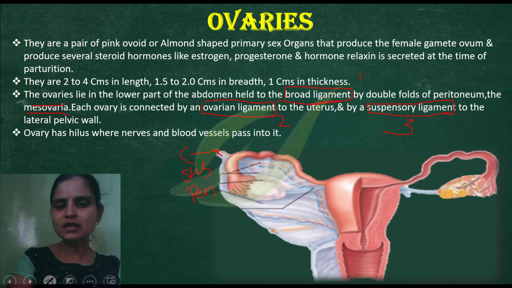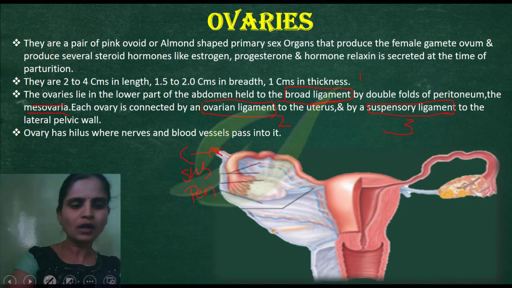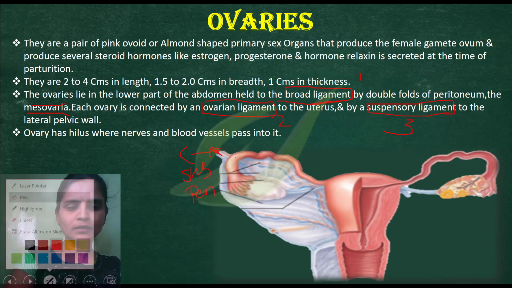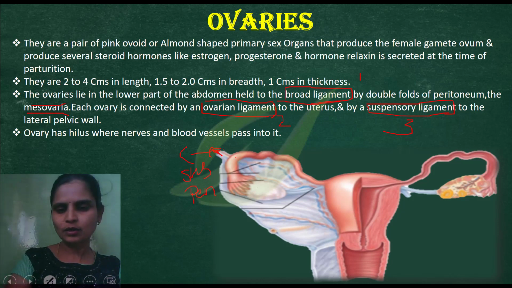And here we can find the broad ligament. All this part is considered the broad ligament, and it also helps in holding the ovary to the fallopian tube.